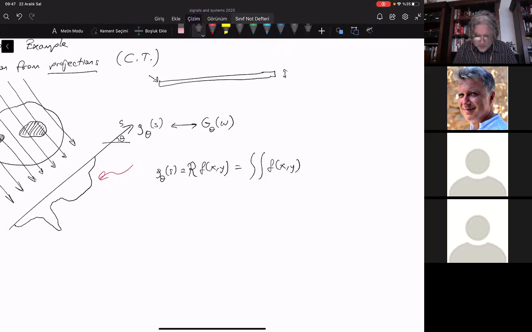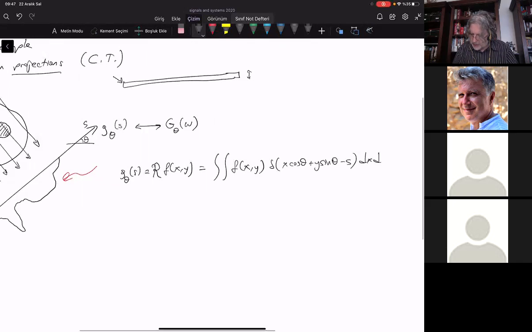And the two-dimensional line formula corresponding to this angle for a certain s is this, delta of x cosine theta plus y sine theta minus s, dx dy. It's all from minus infinity to plus infinity. Theoretically, we don't need the limits here. We are limited or bounded by the bounds of f of x and y.